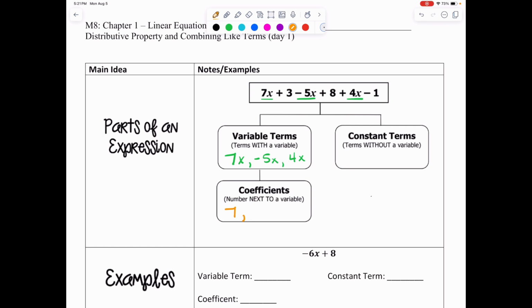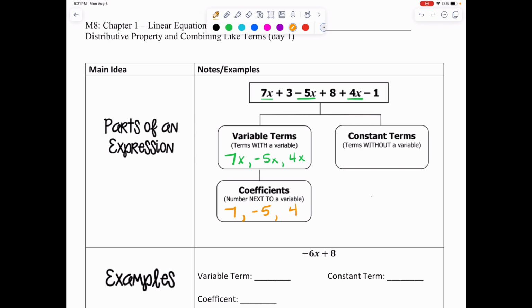In negative 5x, the coefficient would be negative 5. And for 4x, the coefficient is 4. So now you can see the difference between the variable term and what a coefficient is. The coefficient is just the number in front of or next to the variable.